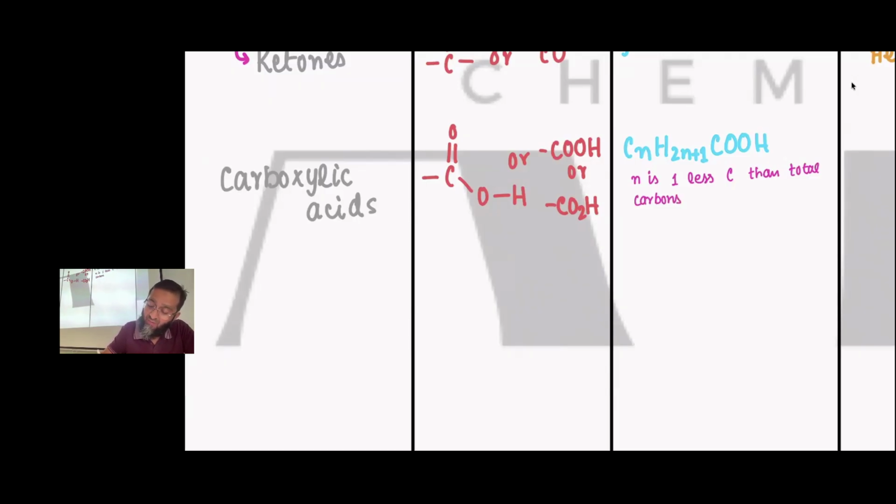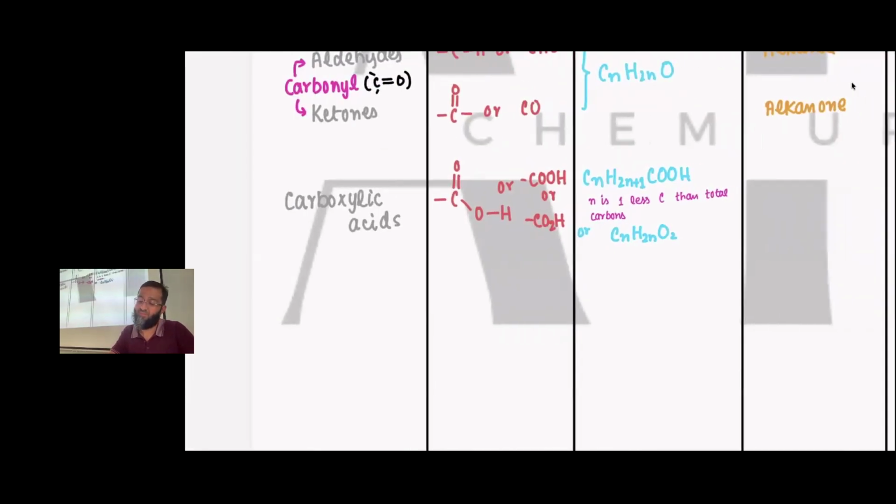Then the next general formula that we have is CnH2nO2.